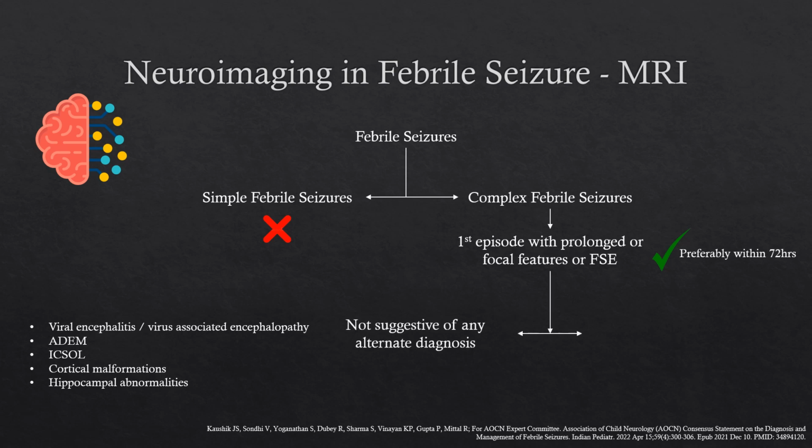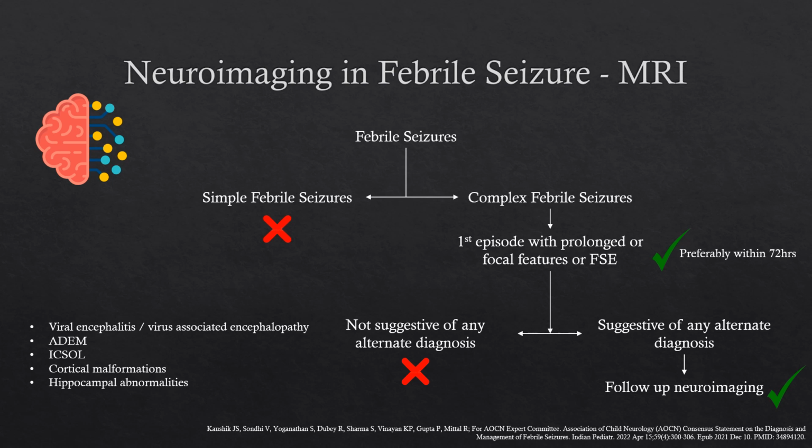Now after that, if the MRI did not suggest any alternate diagnosis, for example any intracranial space occupying lesion or any demyelination, we do not need to do a follow-up neuroimaging. On the other hand, if we found some suggestion of an alternate diagnosis in the MRI, then we may need to do follow-up neuroimaging.